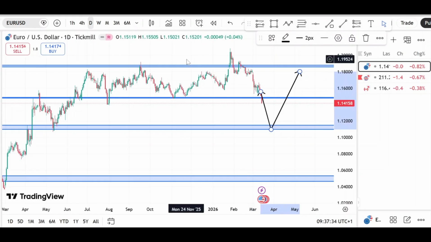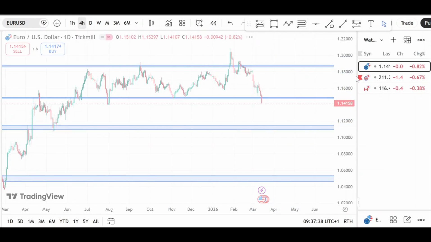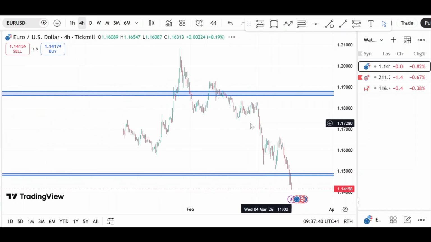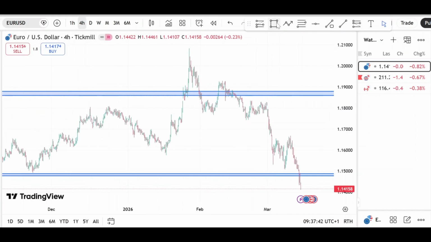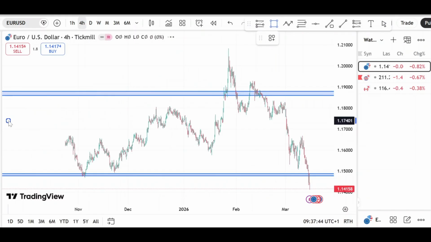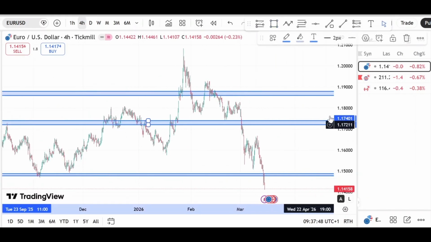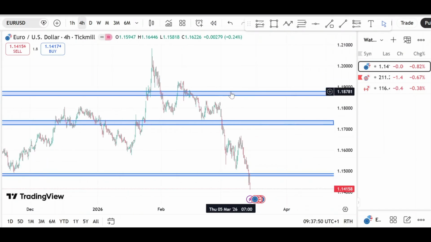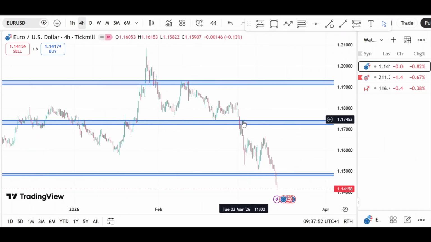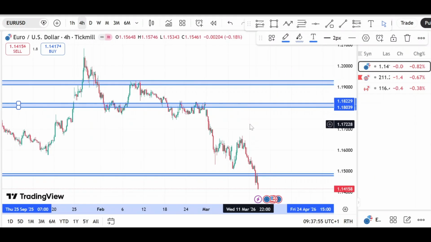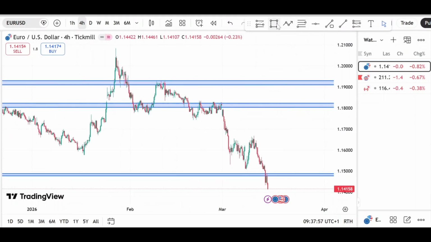So let us go to H4 to see if we can capitalize on this breakout. Here we have been seeing a clear downtrend. This downtrend is very clear.